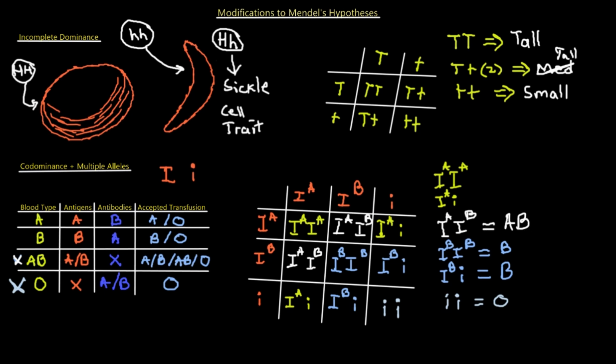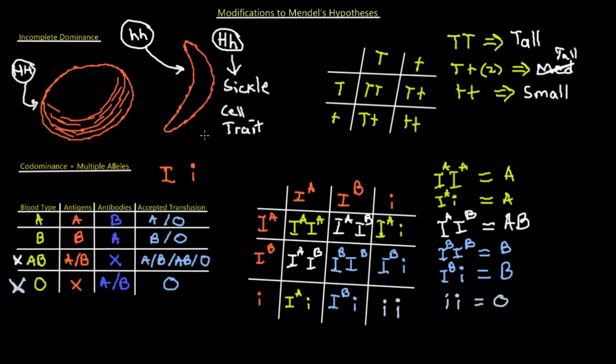It's this whole separate blood type that we have. So the biggest likelihood is being blood type A or blood type B, and the least likelihood is being blood type O, because it is recessive. So you have to be homozygous recessive in order to be blood type O.